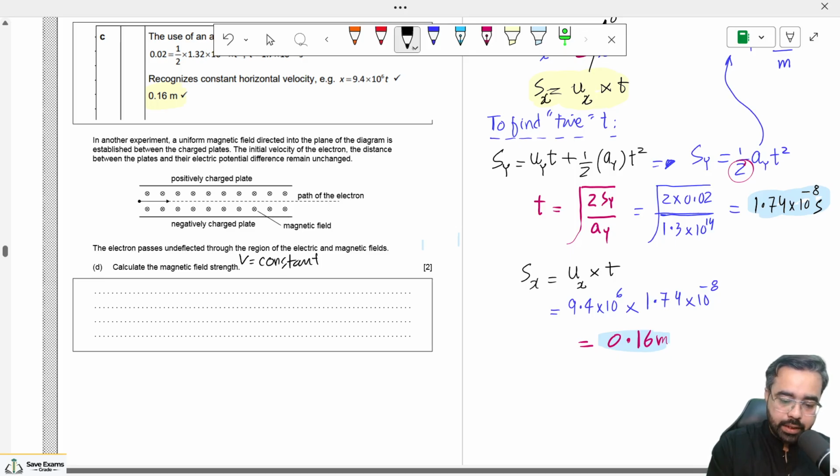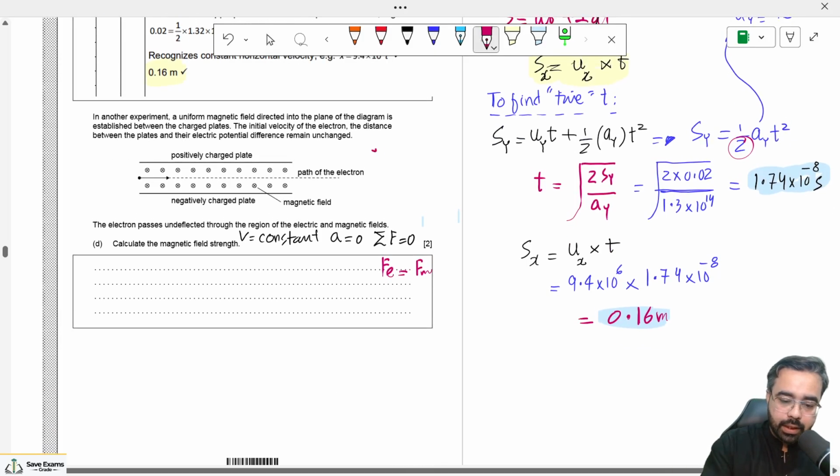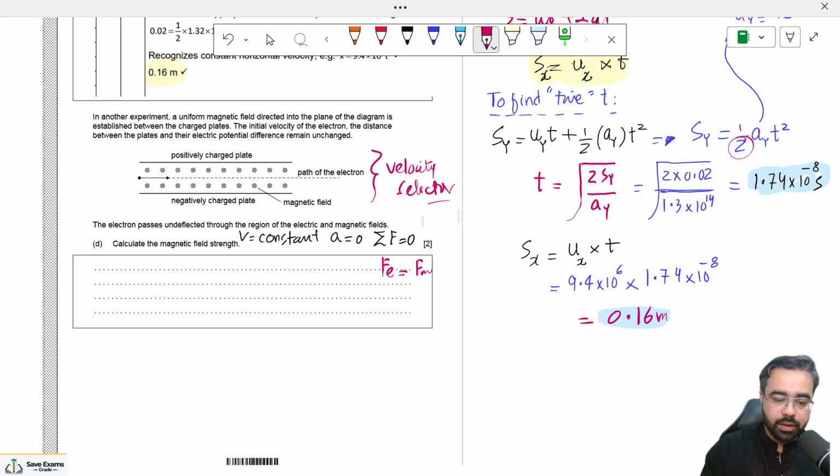It means there is no acceleration, so the sum of all forces on the electron is zero, which means the electric and magnetic forces are equal and opposite to each other. And by the way, dear students, this setup is called a velocity selector. It's a very famous type of question.